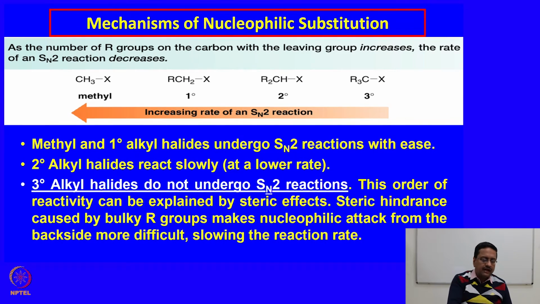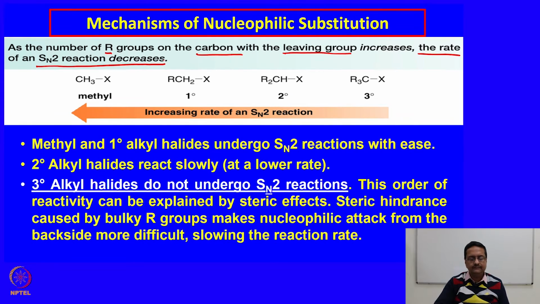As the number of R groups on the carbon atom with the leaving group increases, the rate of SN2 reaction decreases. Why? Can you tell me? It is because when the attack happens from the back side, if this carbon is sterically hindered, then the backside attack is less feasible, and therefore the probability of SN2 reaction decreases.